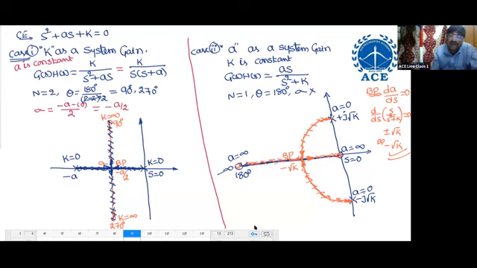Check the angle condition. What is there, man? Default feedback is negative feedback, default K is positive, and by default you have to draw the direct root locus. Nothing is mentioned, so direct root locus only.